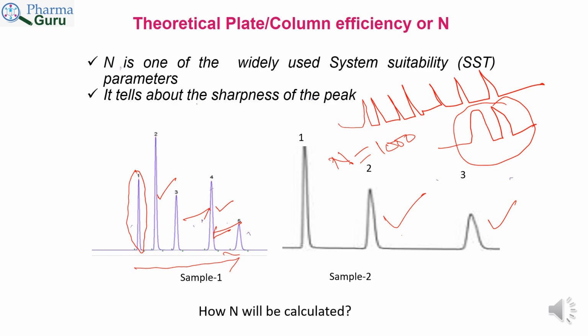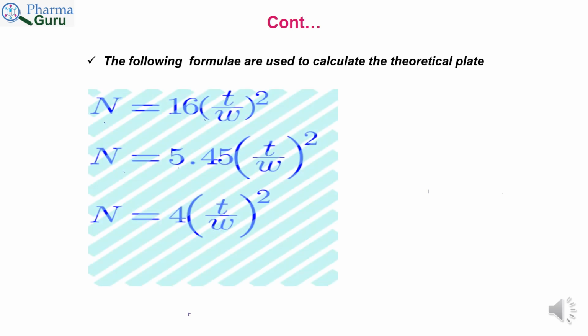any GC method. Now the question comes, how will N be calculated? I am going to discuss. Two formulas are used to calculate theoretical plate in industries. N is equal to 16 times retention time divided by width, whole squared. The second formula is N is equal to 5.45 times retention time divided by width at half height, whole squared.